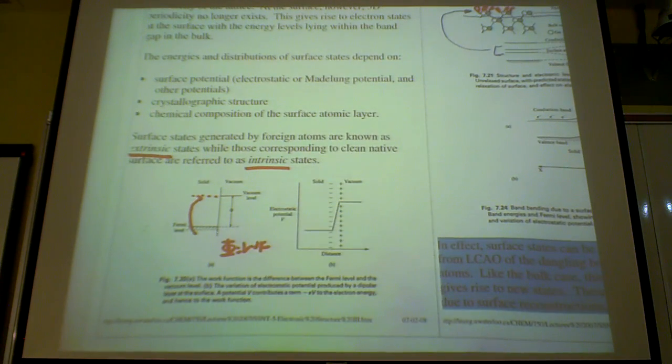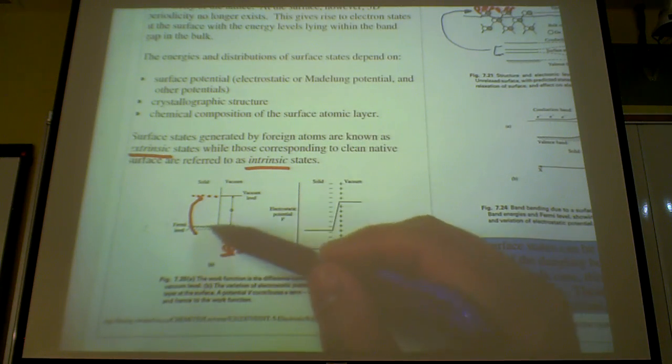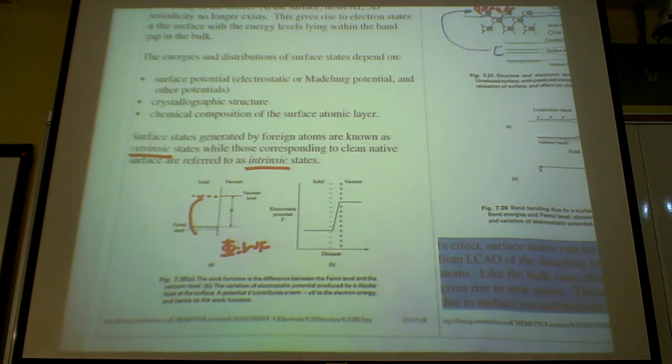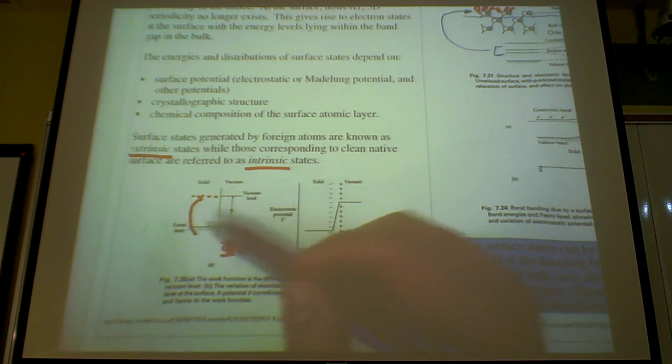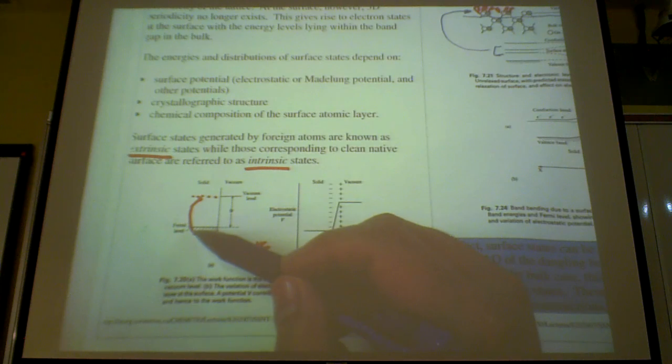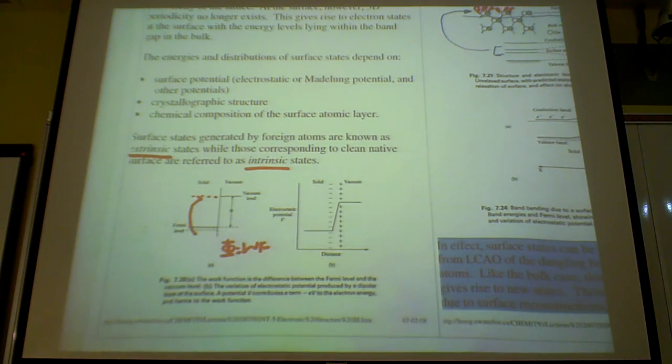In a metal, all the electrons are filled to the energy level defined by the Fermi level. So below, you have all the electrons trapped inside, and now you ask the question, what minimum amount of energy do I need to remove one electron to make it into a free electron? That energy is called the work function.